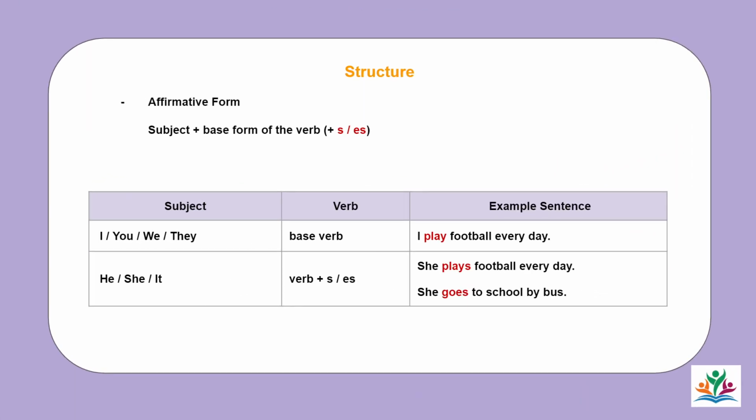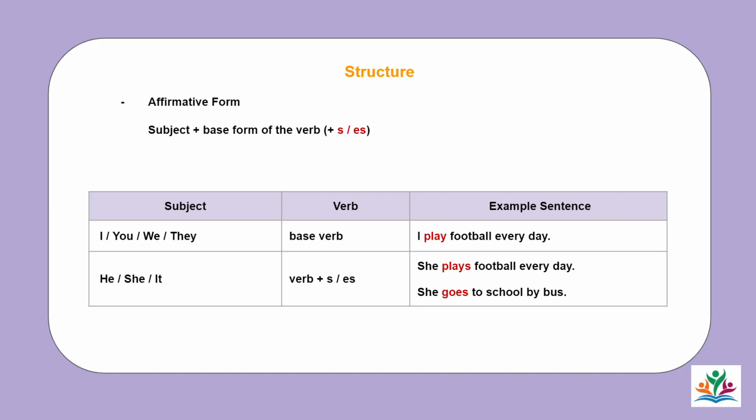Moving on to the structure of the verbs. We have the affirmative form, which is basically the subject plus the base form of the verb, plus s at the end of the verb or es based on the verb. So for example, for the subjects I, you, we, and they, we use the base form of the verb.